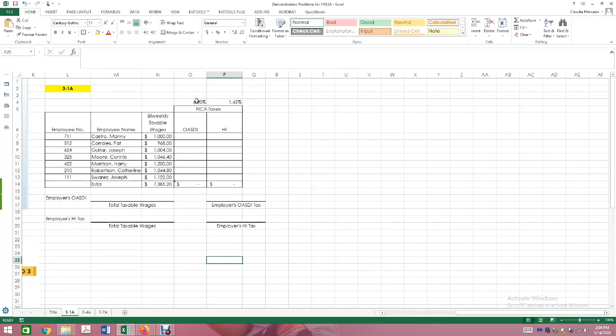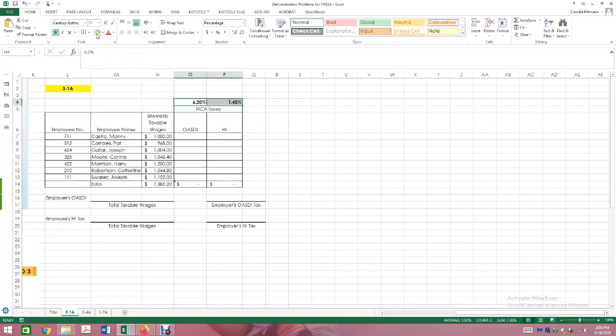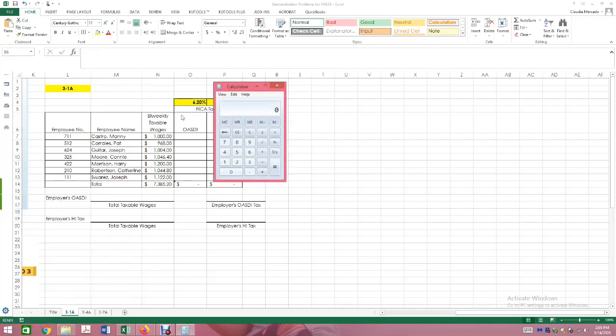I created this table in Excel, and I put up here the tax rates that were provided in your book. So OASDI, I pay 6.2%. HI, I pay 1.45%.